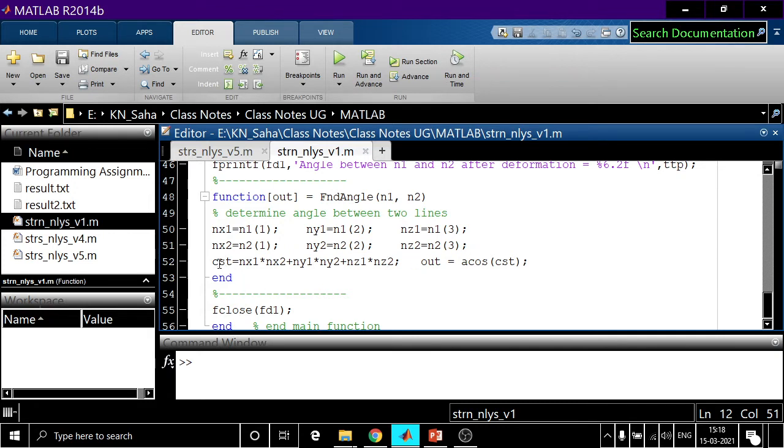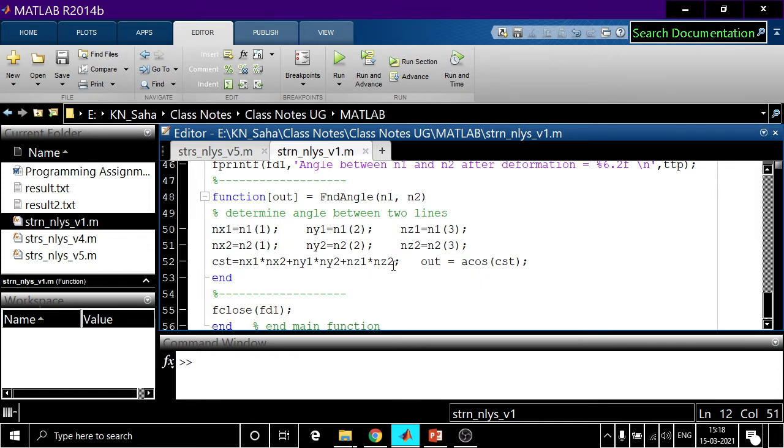Cos theta, where theta is the angle between these two lines 1 and 2, is given by nx1 into nx2 plus ny1 into ny2, and so on. What is theta now? Cos inverse of this cos theta, T for theta, Cs for cos.